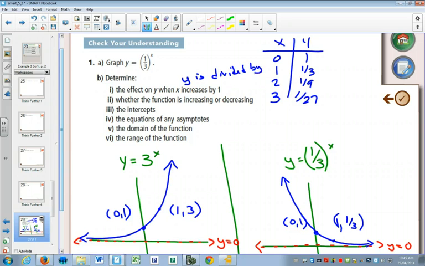You could either say y is divided by 3 or multiplied by 1/3, because that's what's happening each time, and you can see it in the equation. Each time x goes up by 1, you have to multiply by another 1/3. And multiplying by 1/3 is the same as dividing by 3.